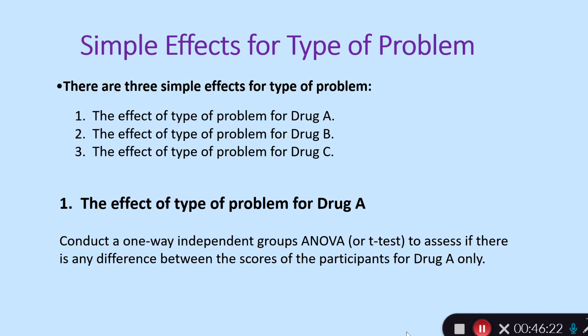The next thing we need to do is simple effects for type of problem, and there are 3 comparisons that we need to make: the effect of type of problem for drug A, the effect of type of problem for drug B, and the effect of type of problem for drug C. To address the first one, we could conduct a one-way independent groups ANOVA or t-test, because we're only comparing 2 means, to assess if there is any difference between the scores of the participants who took drug A only. Okay.